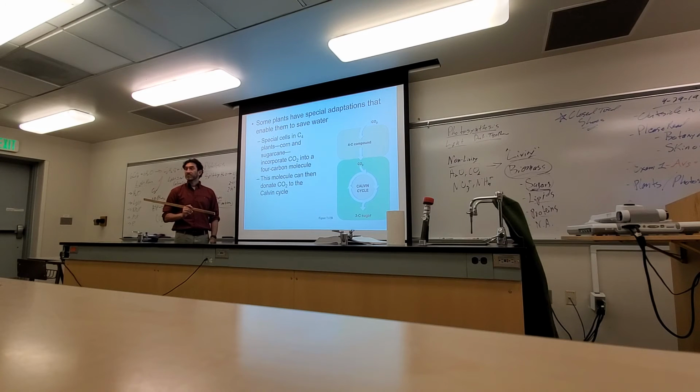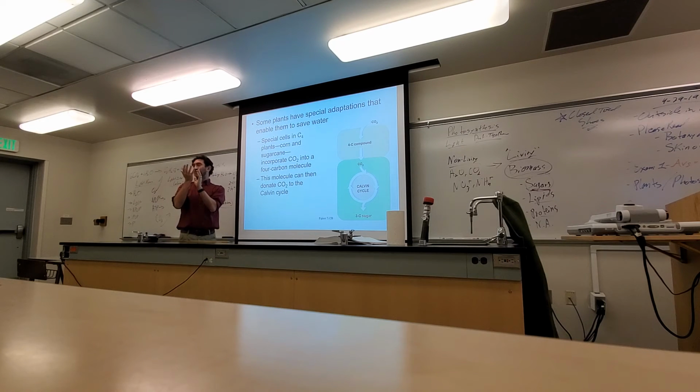Are these the plants that are supposed to be better for the? Yes, because these are the plants that we think will start to take over more in a high CO2 world, right? Because they're better at fixing carbon. They're able to take in more CO2, and they form this 4-carbon compound. The problem plants fundamentally face with those stomata is when those stomata open to let in CO2, they let water out.